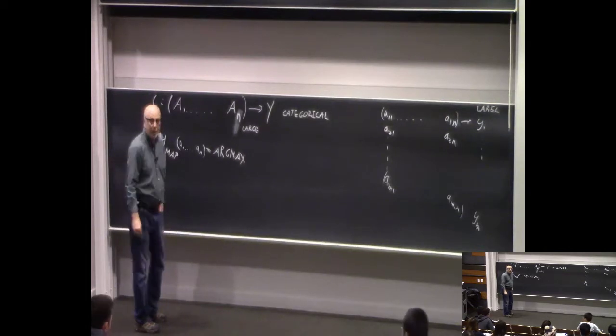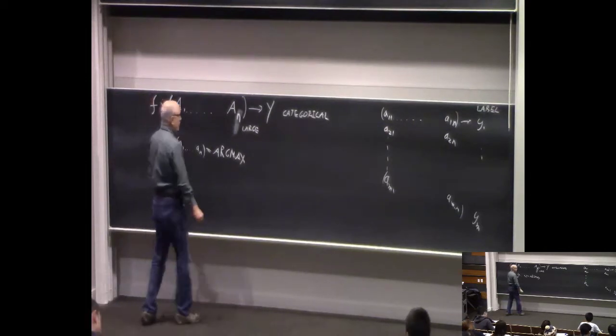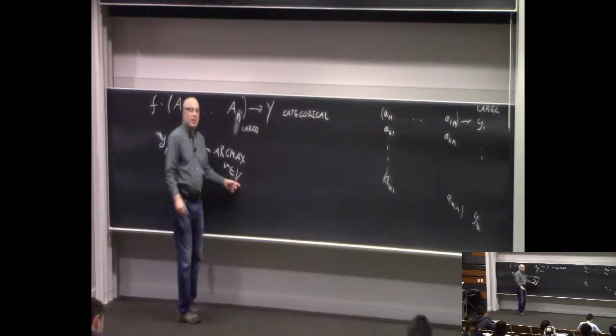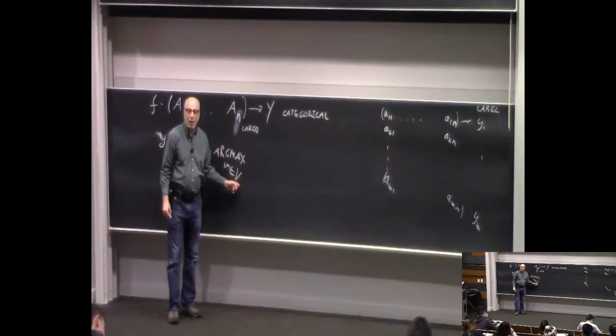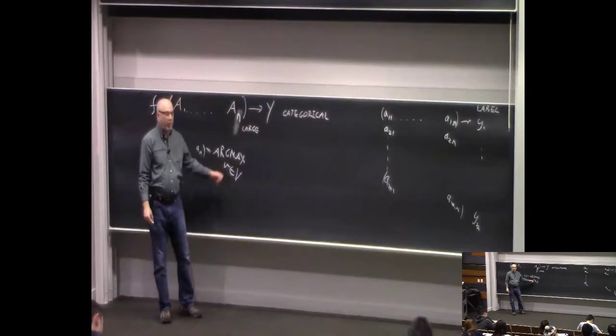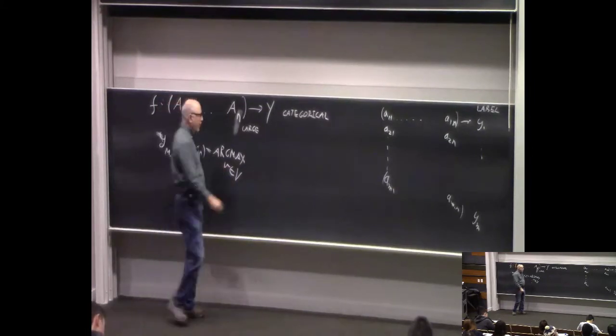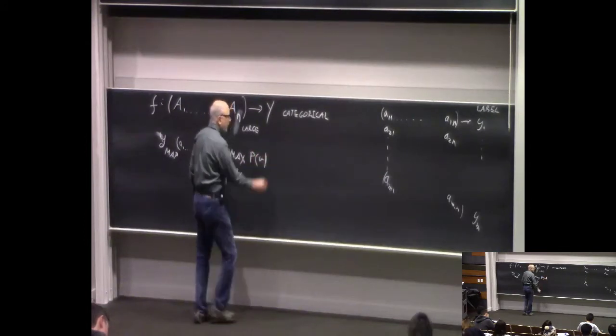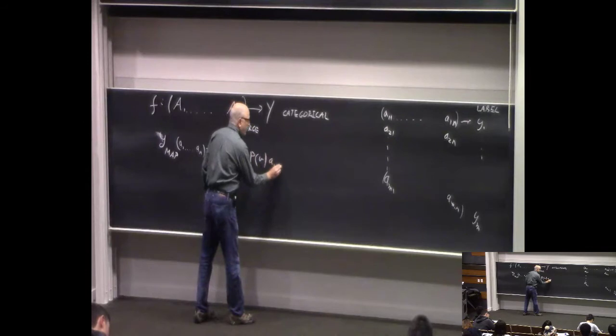I use V, which is again what Mitchell uses. So V would be the set of all possible outputs, all possible labels, and small v would be one of them. It'll be the one that maximizes the probability of V given the attributes.